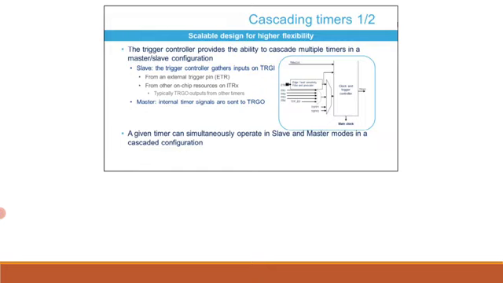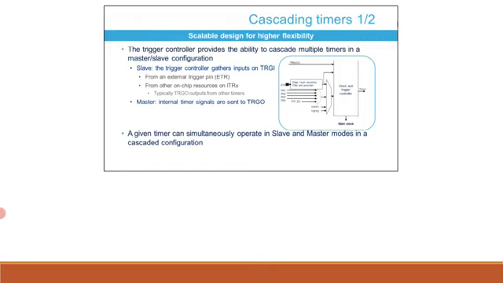In slave mode, it gathers multiple inputs on TRGI, meaning the main trigger input coming from the external trigger pin ETR, or from one of the four internal trigger inputs ITR1 to ITR4 connected to the other TRGO outputs.